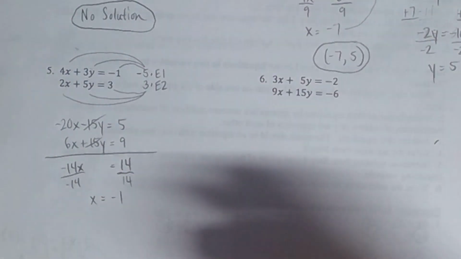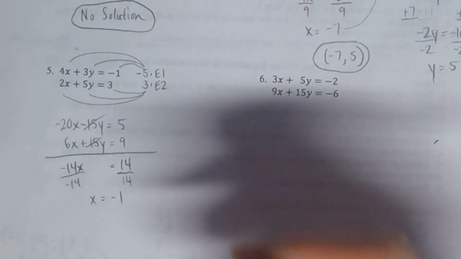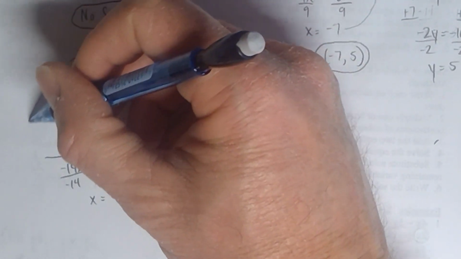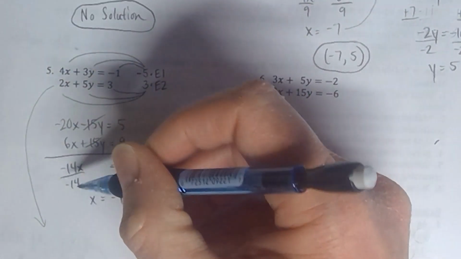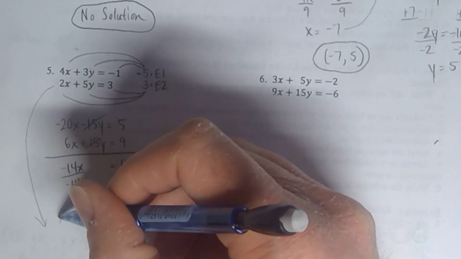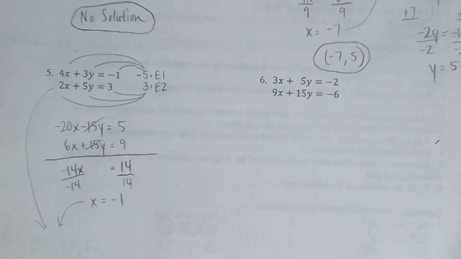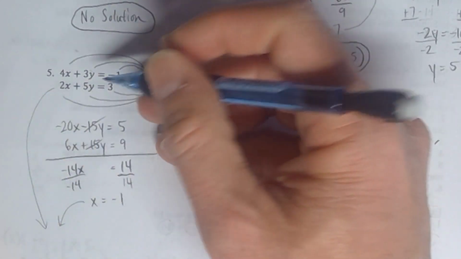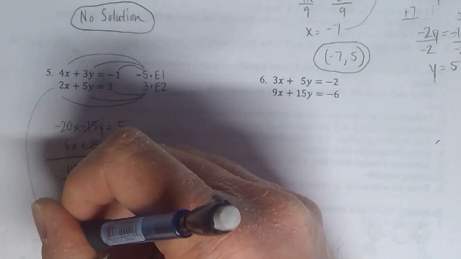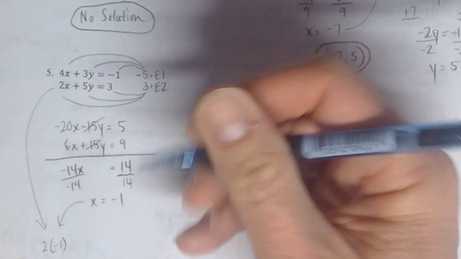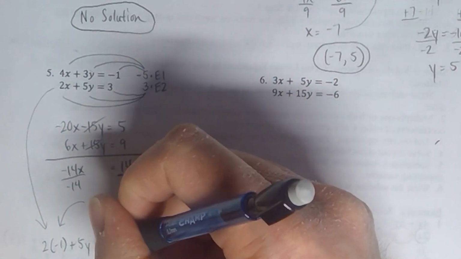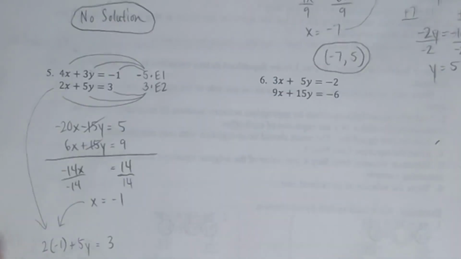And what do we do after we solve for one of the variables, you guys? We then go back and plug it back into an equation that has both variables in it. I'll go ahead and pick the second one here. That's fine.